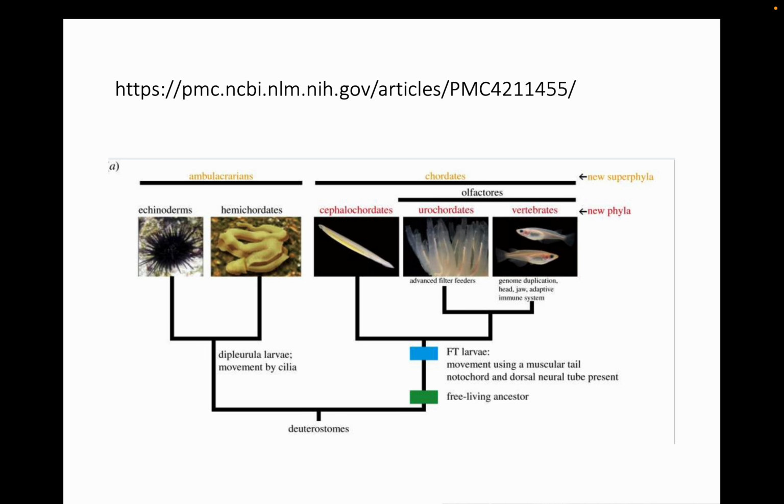Hemichordata, the acorn worms. These two groups of animals share a specific morphology in terms of their transitional state. They possess a dipleurula larva, which is usually surrounded by cilia, allowing that larva, which is essentially free living, to move in the ambient.